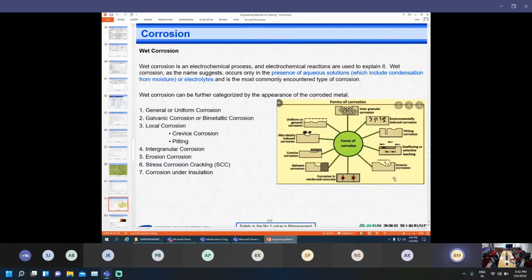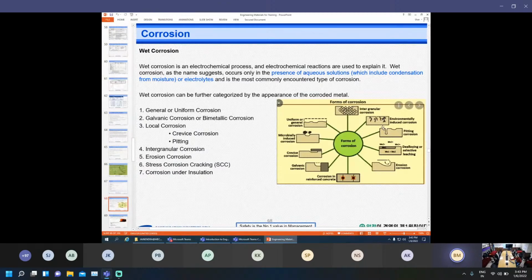Here you can see the forms of corrosion. It is explained in the diagram. The first one is uniform and general corrosion, on the left hand side top. In the center, it is called intergranular corrosion. If it is environment induced corrosion, it looks like this.